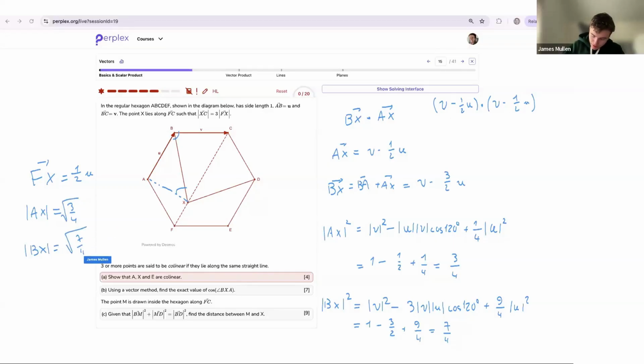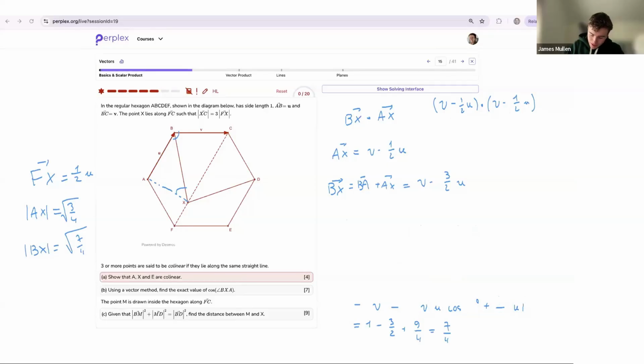And now I need to make some room over here, and we're going to consider the scalar product of bx and ax. So I found that ax was equal to v minus half of u. Remember, we found that in part A. And by considering that bx was ba plus ax, I said that bx was going to be v minus 3/2 of u.